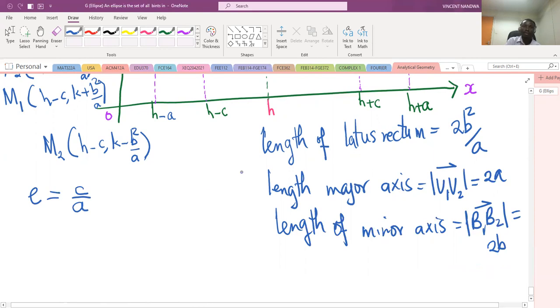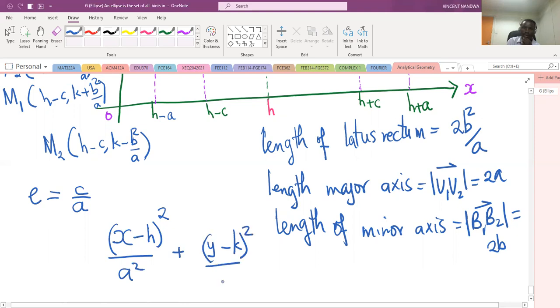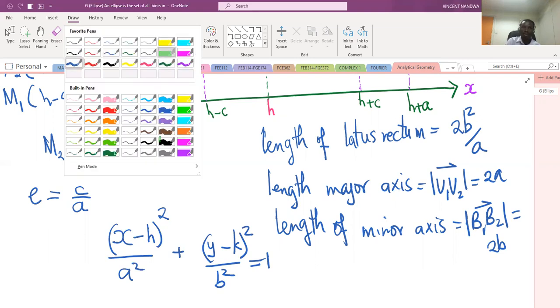And then the equation of this horizontal ellipse is (x minus h) squared over a squared, where there's h units shift from the origin, plus (y minus k) squared over b squared equals 1. So this is the equation.